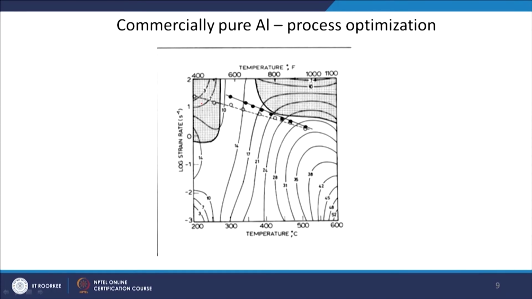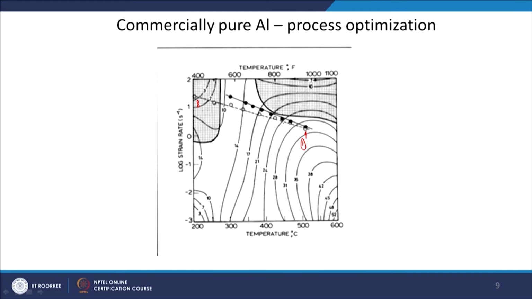Of course, the first pass is here. And this is my last pass. So, 2, 3, 4, 5, 6, 7, 8. This is the last rolling pass. From high temperature my material is continuously getting cooler and cooler.